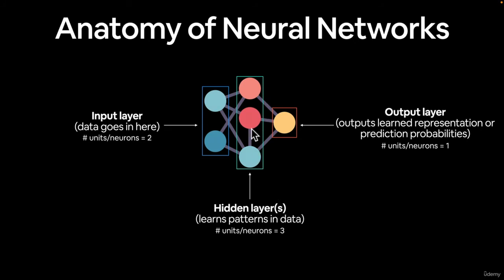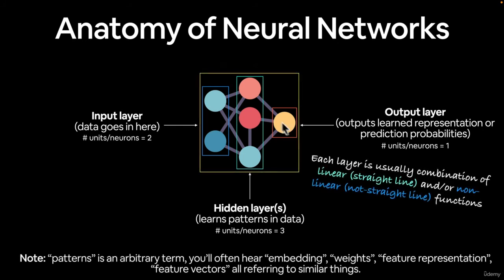So hidden layers can be almost as many as you want. We've only pictured 1 here, and in this case, there's 3 hidden units/neurons, and then we have an output layer. So the output is a learned representation or prediction probabilities, depending on how we set it up, which again, we will see what these are later on. And in this case, it has 1 hidden unit. So 2 input, 3, 1 output. You can customize the number of these. You can customize how many layers there are. You can customize what goes into here. You can customize what goes out of there.